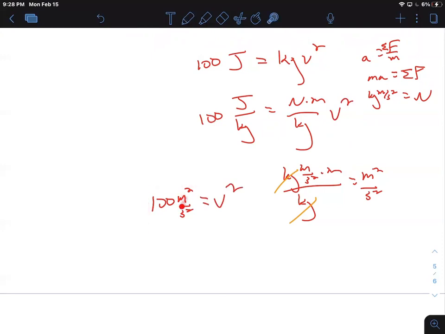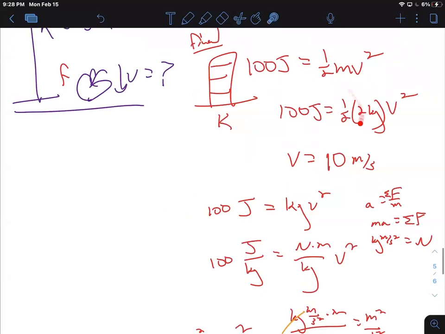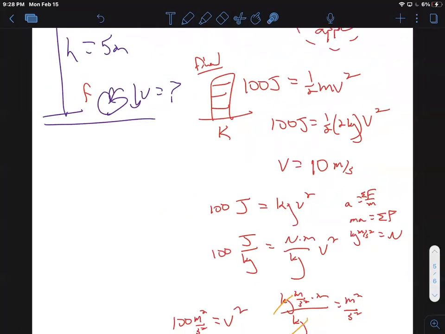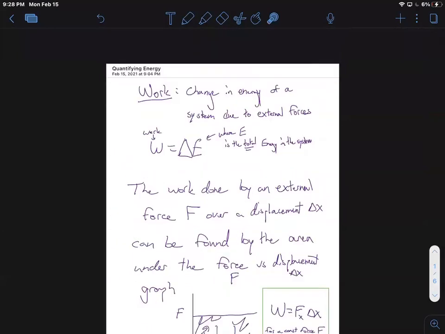And then we take the square root, we get meters per second. So you'll find with energy, the units are kind of crazy, but they end up working out. All right, cool. Do lots of practice with this, don't worry.